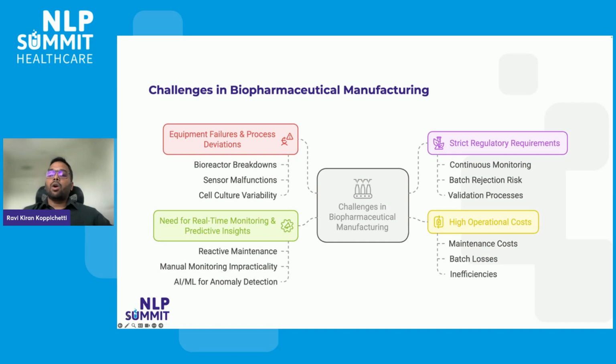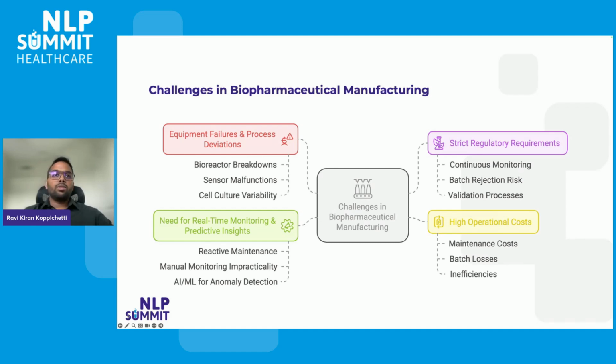The high operational costs of biopharma manufacturing often stem from unplanned downtime, equipment maintenance expenses, batch losses, etc. A single batch failure due to contamination or a process deviation can lead to multi-million dollar losses, which is huge. Lastly, real-time monitoring and predictive insights are crucial for mitigating these risks.